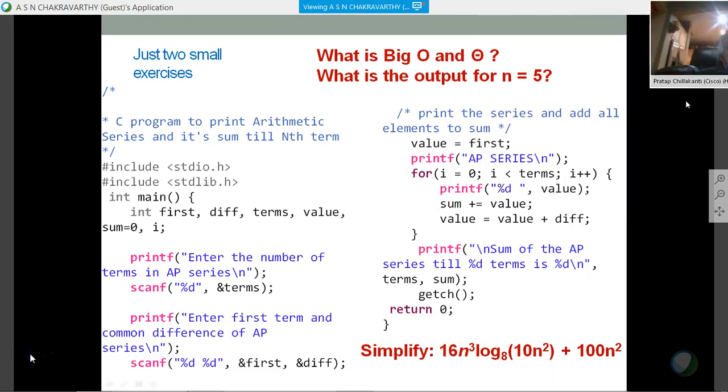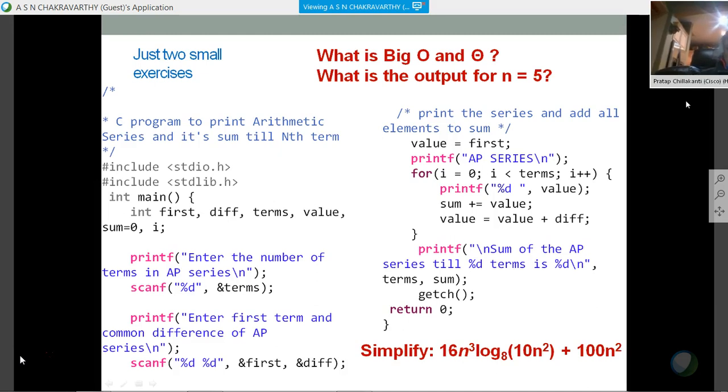And 5 times, right? And then it's going to scan the difference value, because you need to know the difference in an arithmetic progression. So if the difference is 2, then the arithmetic progression will be 1, 3, 5, 7, 9.